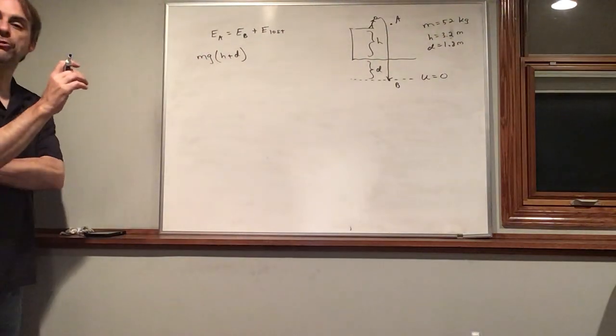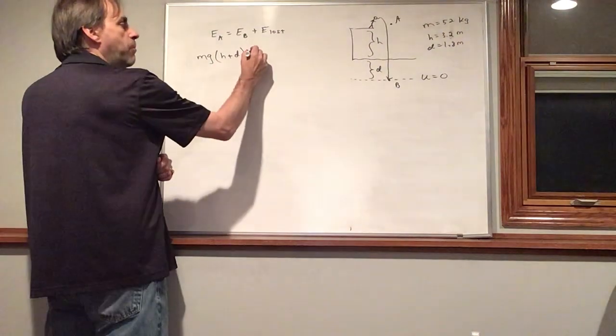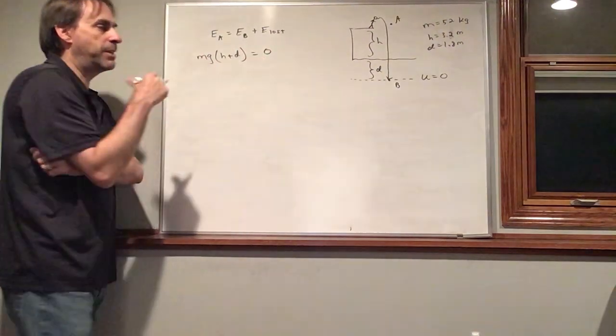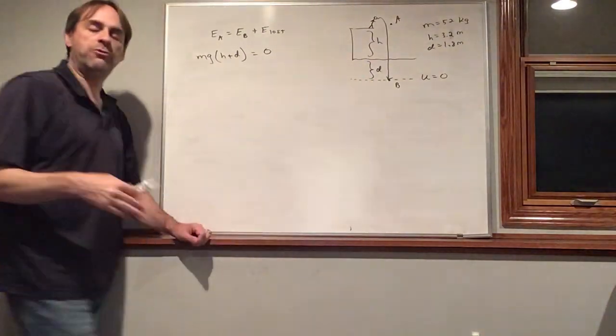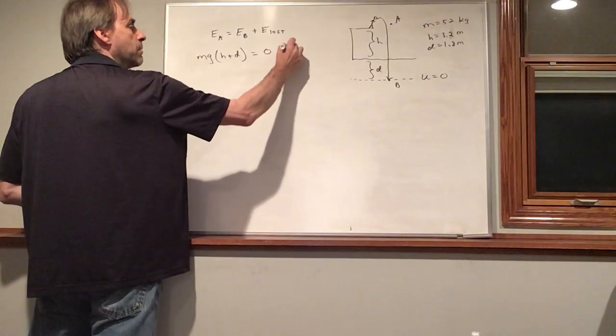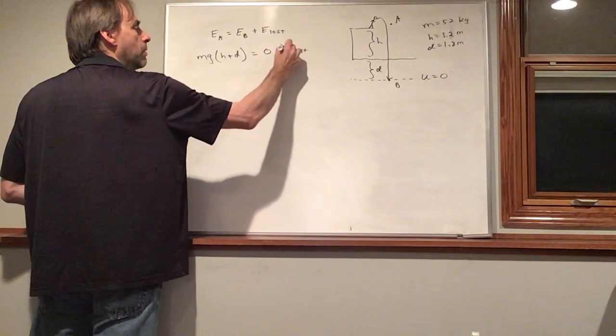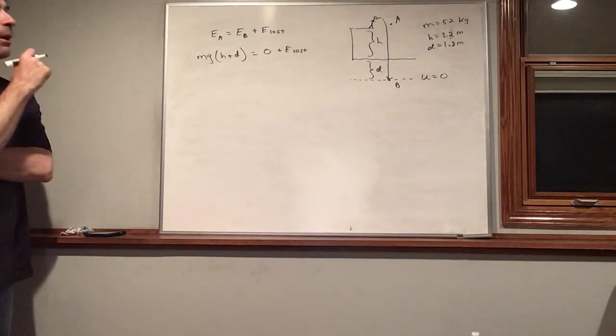That's how much energy the swimmer has at point A. And the energy at point B is 0, the mechanical energy. There's no potential energy at point B, and the swimmer comes to a rest. And so the energy lost would just be whatever the swimmer started with.